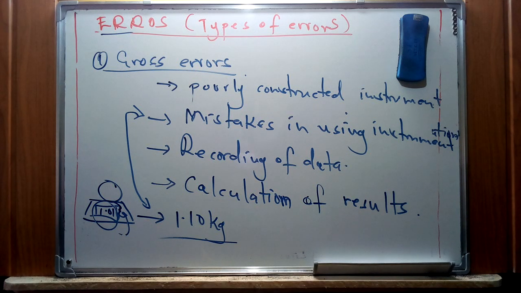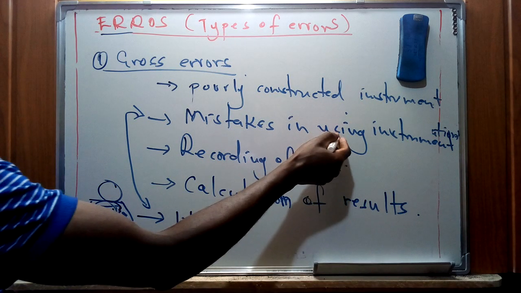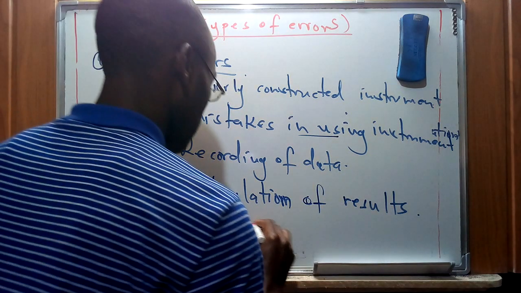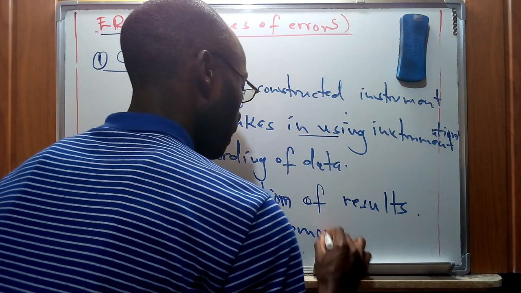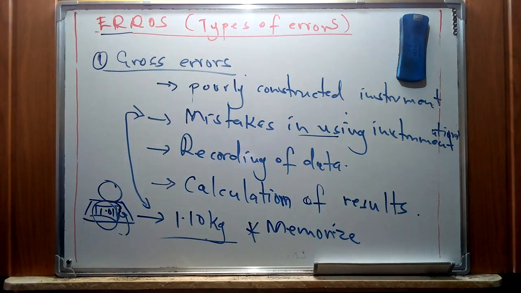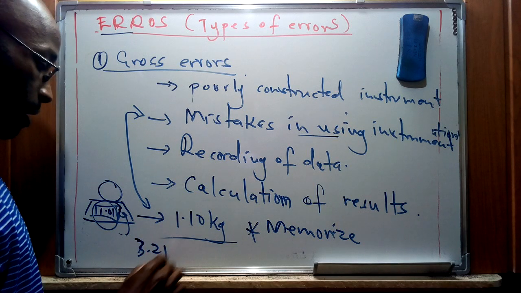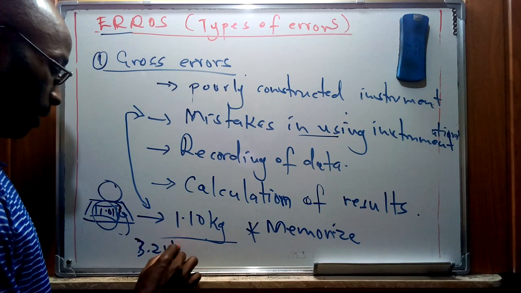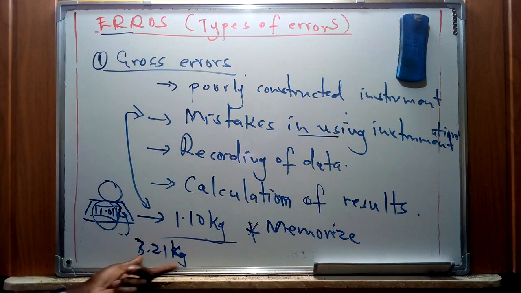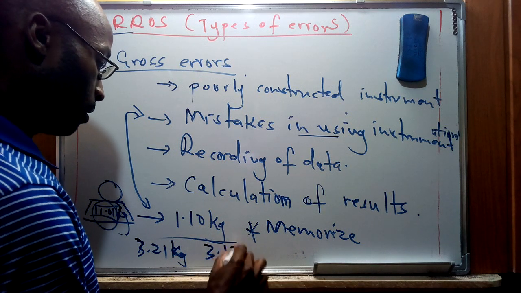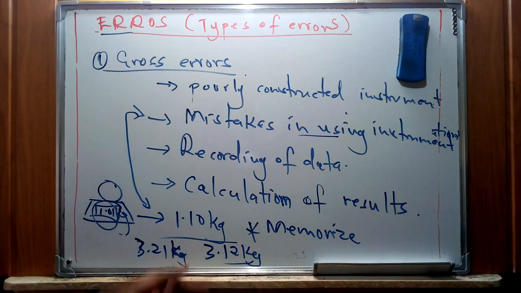Or sometimes, if we look at some of the causes in using the instrument, we can find that if I try to memorize a reading taken from an instrument, perhaps if it is indicating 3.21 kilograms, and I wait for a specific amount of time and try to memorize this reading, there is a chance of me writing 3.12 kilograms, which will of course result in what we refer to as a gross error.